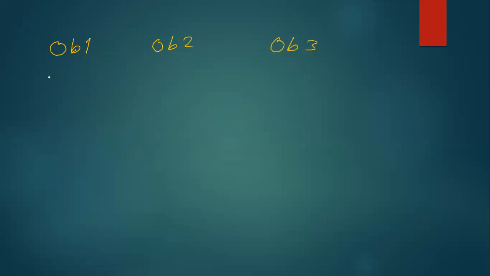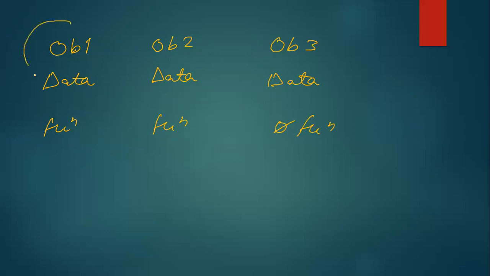Now every object will have the data, as well as functions. This is the characteristic of an object. Now dear students, every object will have a separate copy of data.